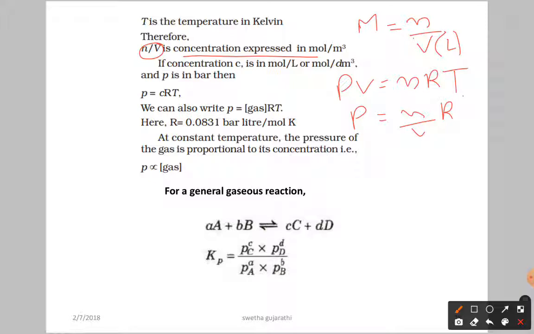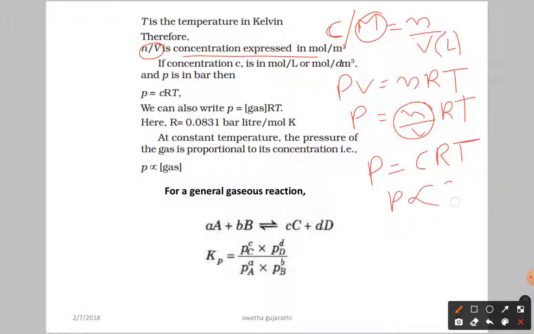Now this total term n by V I am going to write as C, because you can take it as molarity, M or C. So P equal to C into RT. Here P, the partial pressure, is directly proportional to molar concentration, nothing but molarity. So P equals CRT.